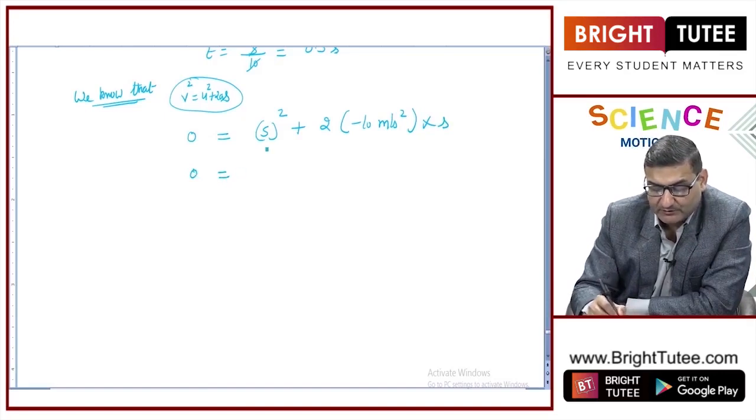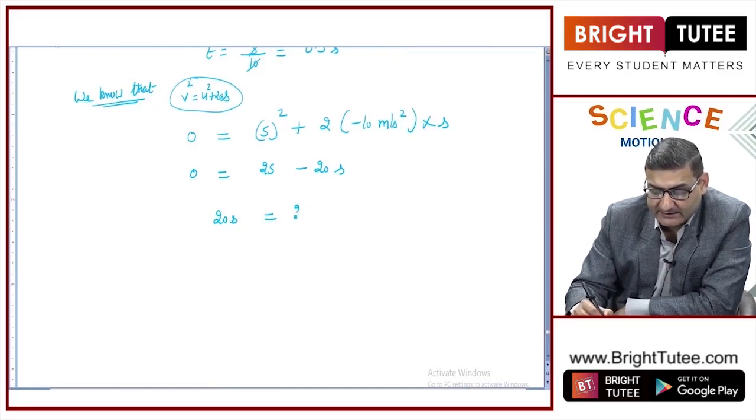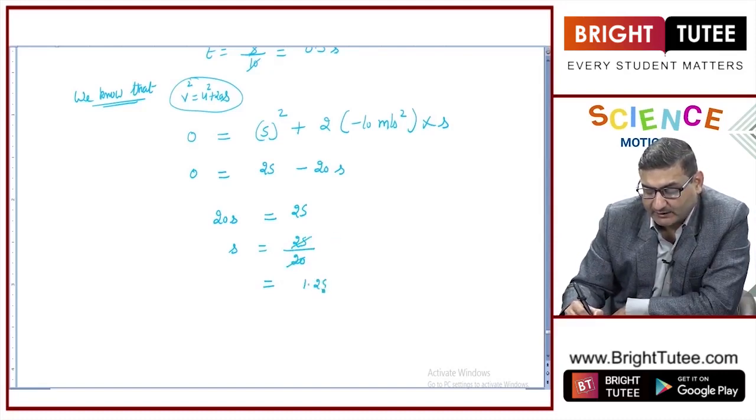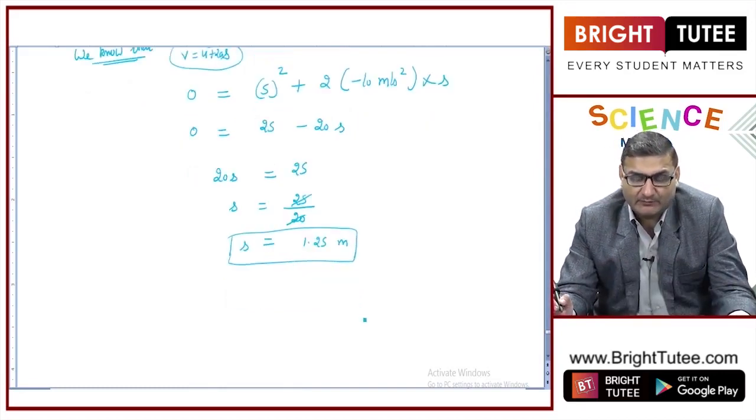So, this comes out to 0 equals 5 square, which is 25, plus and minus will be minus 20 into s. I will take 20s to the left hand side, convert minus into positive sign, this will be 20s is equal to 25, s is equal to 25 upon 20. That comes out to be simply 1.25, right. We are calculating the distance, so the SI unit will be meter and the answer will be s is equal to 1.25 meter. Got it? Fine. So, these are the things you need to remember.